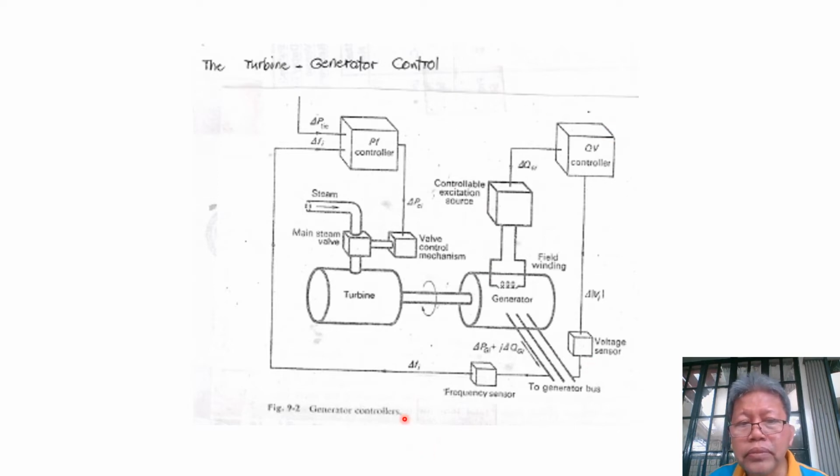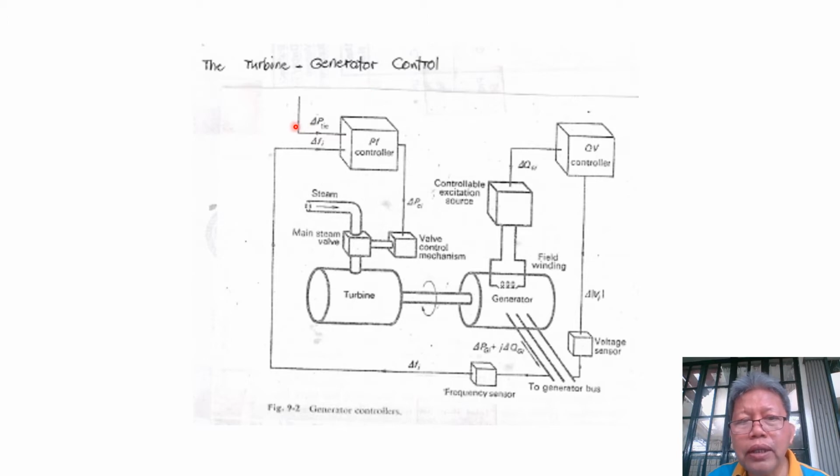Now, on the power frequency controller, we have two inputs, which are delta Fi and the other one is delta P tie. The delta Fi is coming from our generator while our delta P tie comes from the rest of the network.